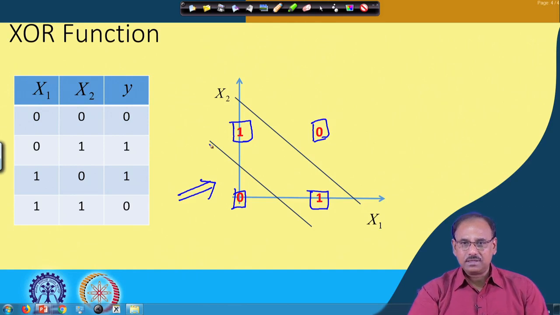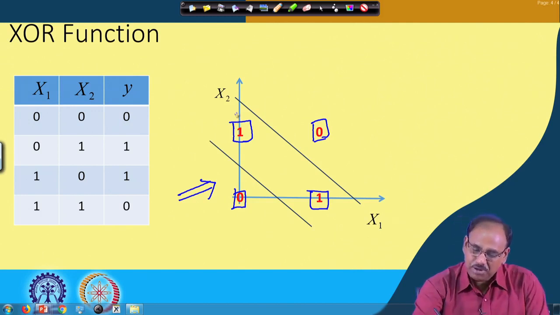In the earlier cases, when we talked about OR function or AND function, the classes were linearly separable. On one side of a straight line, I had the value 0, on the other side the values were 1s. But here you find that the values of zeros and 1s cannot be separated by a single straight line, rather I need two different straight lines.